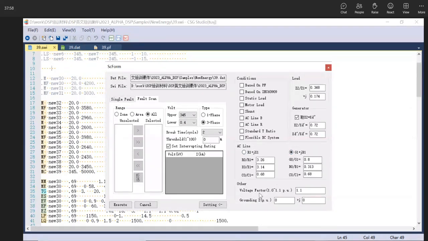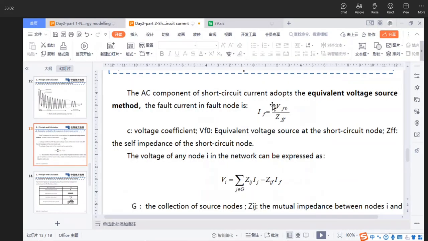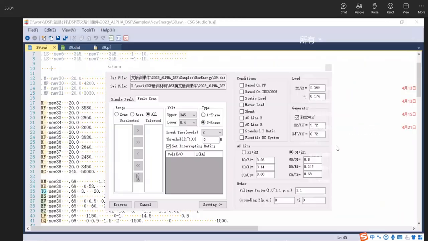The voltage factor, it is the C, voltage factor. And the grounding Z means the resistance and reactance between the fault location and the ground.